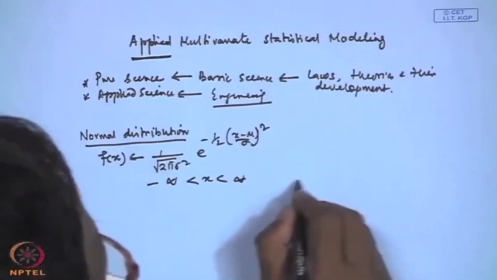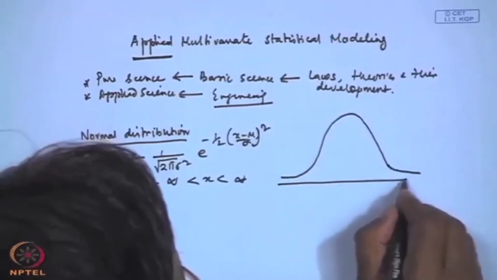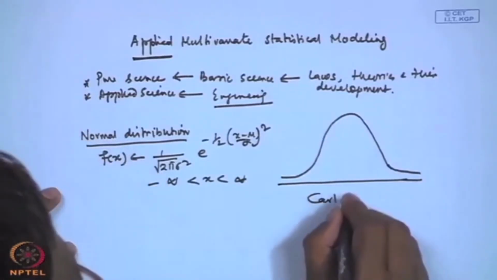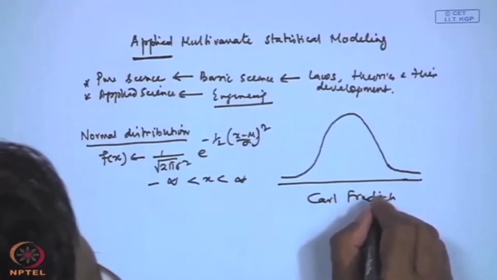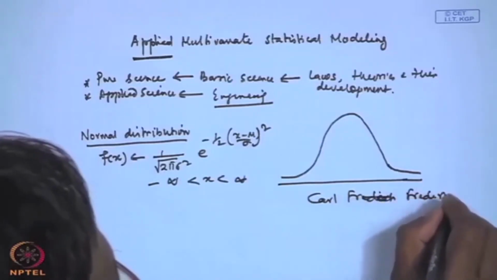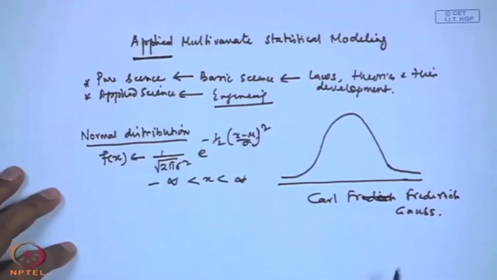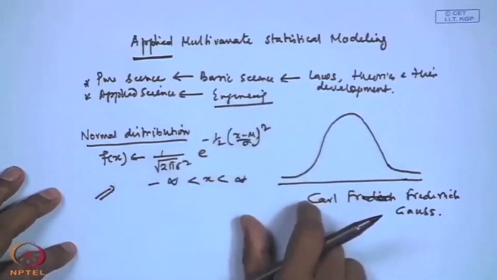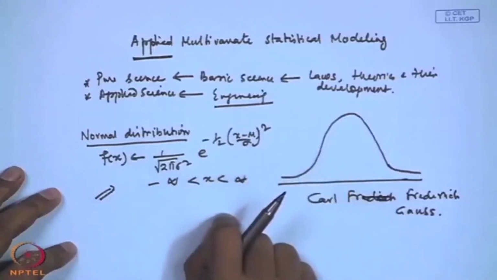This is the so-called bell shaped curve, developed by Carl Frederick Gauss. The theoretical development of these types of distributions comes under basics.